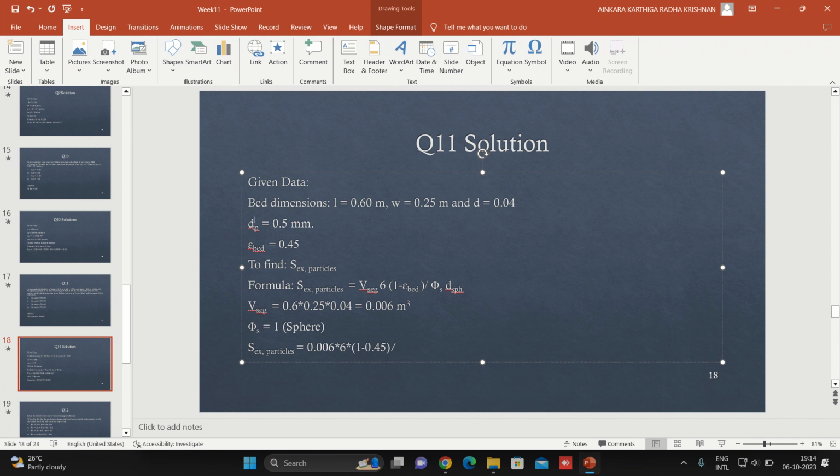We can keep it in mm also, pi into 10 power minus 3.